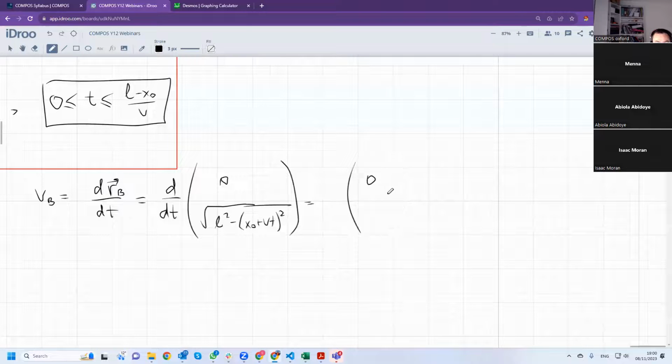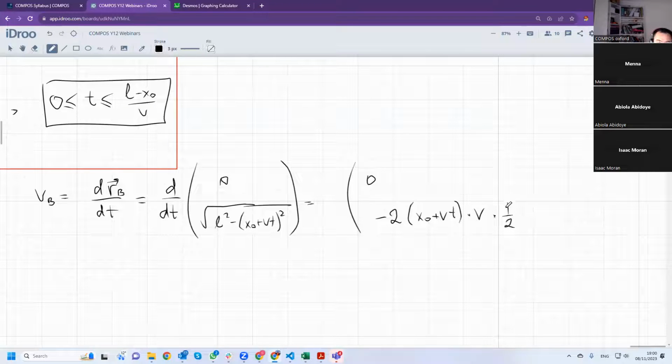And if you find the derivative of that, that's going to be minus 2 x0 plus Vt multiplied by V multiplied by 1/2.